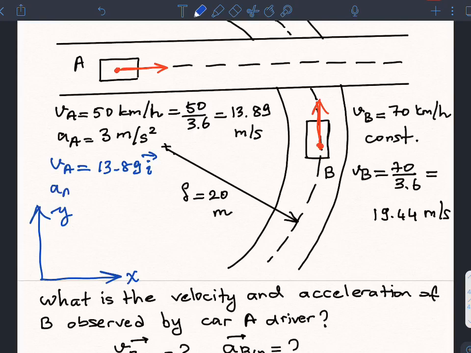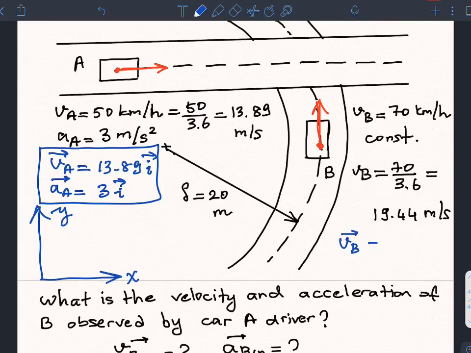Acceleration of A is similarly 3i. So these are the vectorial quantities for VA and AA. Let's put a vector sign here. And similarly for VB, I can say 19.44, and because it is moving upward, it's in the y direction, so the unit vector is going to be j.